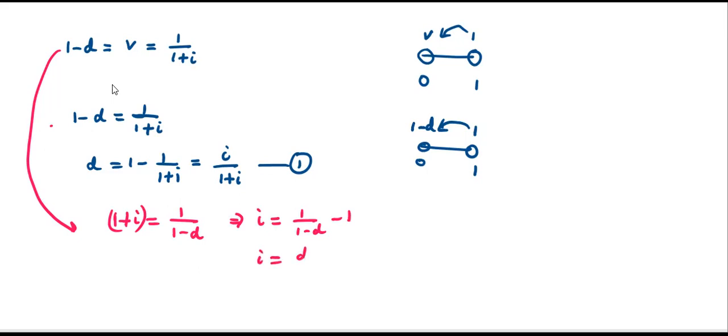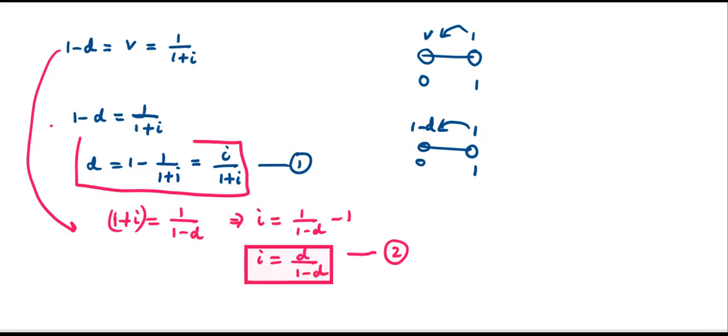So I will be D upon 1 minus D. That is the second equation. And this is the first one. D in terms of I, I in terms of D. Then next you can find delta. Sorry, delta will do next time.